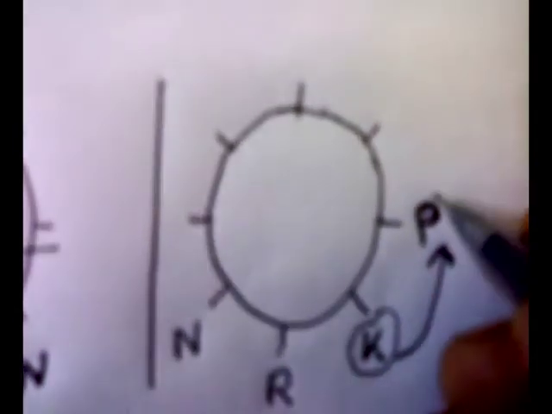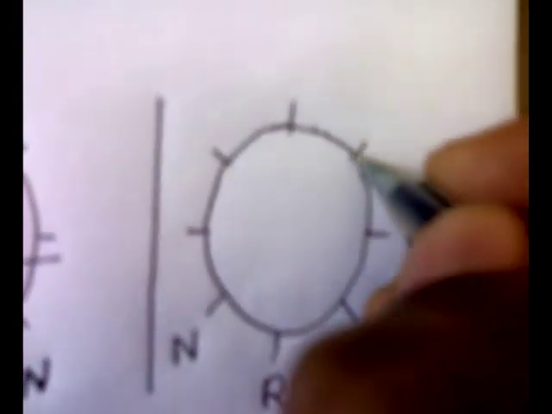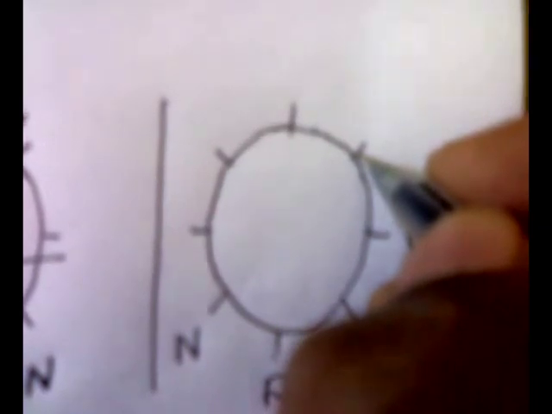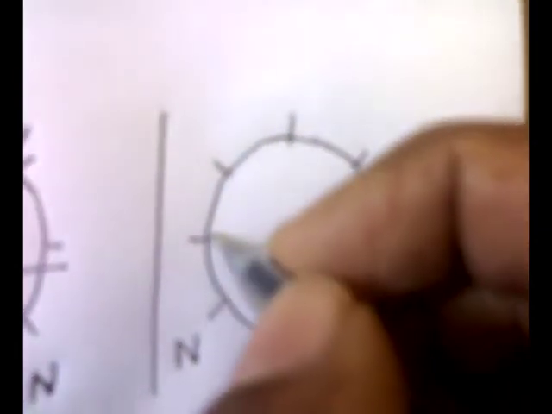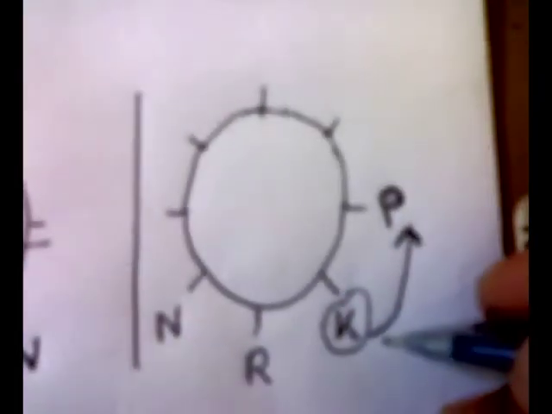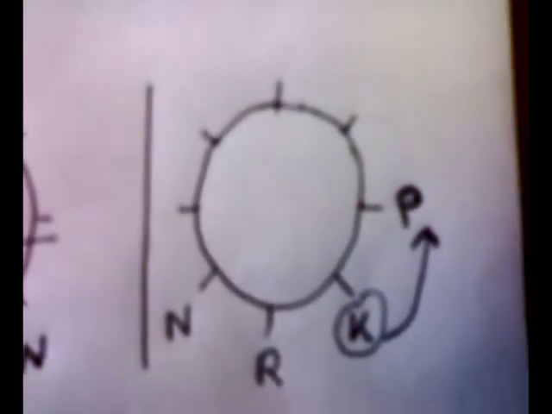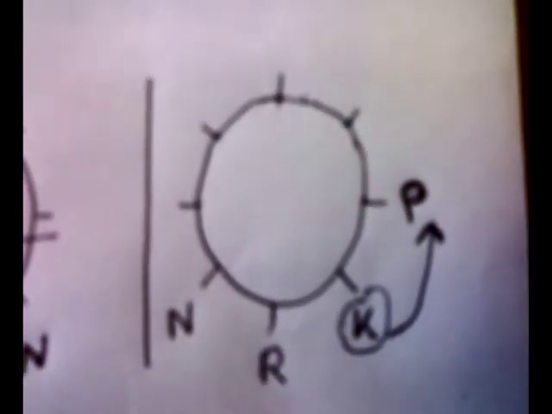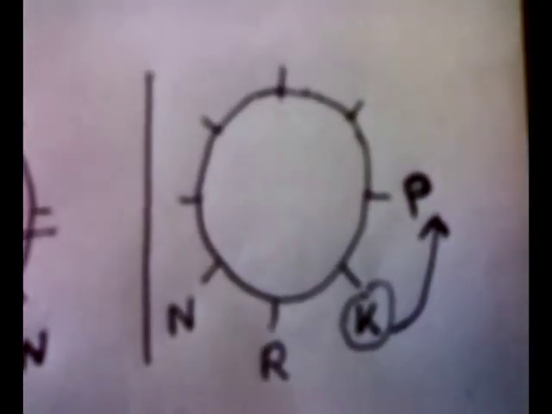So the condition says M is not immediate neighbor of P or L. We have P, so M is not immediate neighbor of P. M will not be here. So for M there are 3 possibilities, 1, 2 and 3. For that we have to draw 3 different circles. But rather than increase our possibilities, we will move and check the first condition.